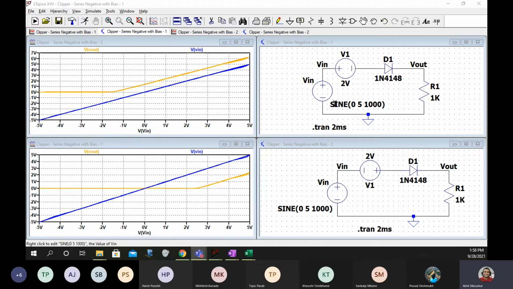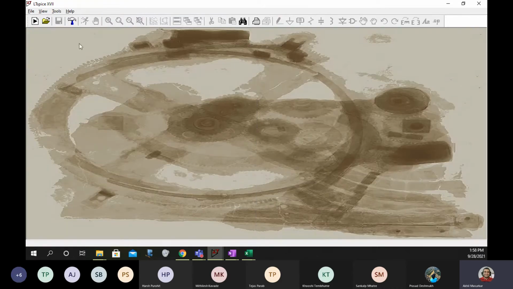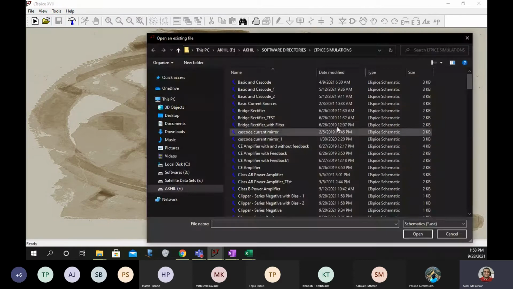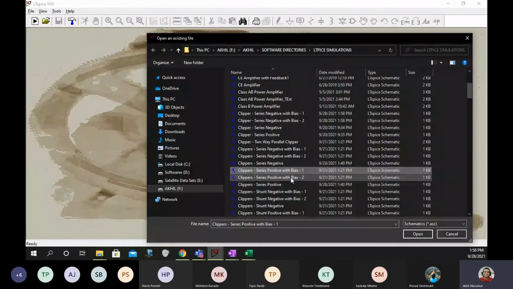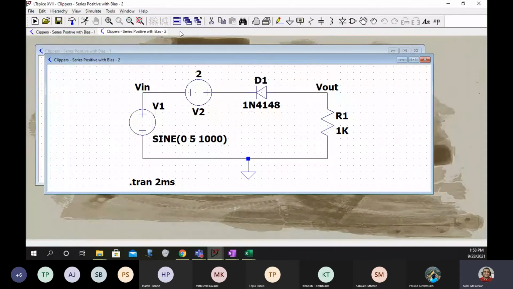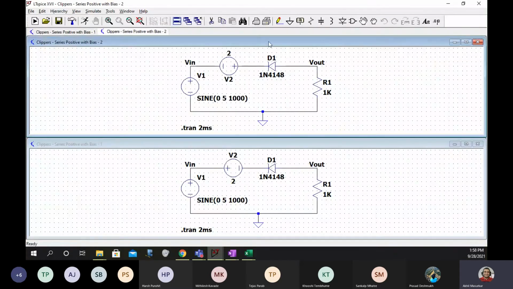Now, since series negative clipper with bias is done, let us go for series positive clipper with bias. So next circuit, I am removing these two circuits. Now we will see series positive clipper with bias. Both these circuits are, can you see, positive means what I have done?